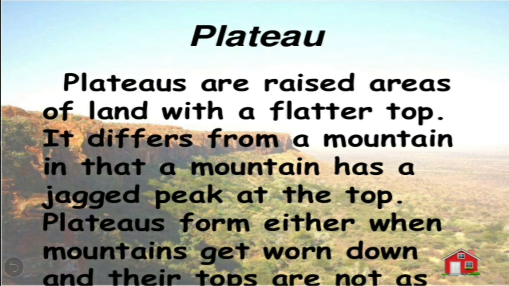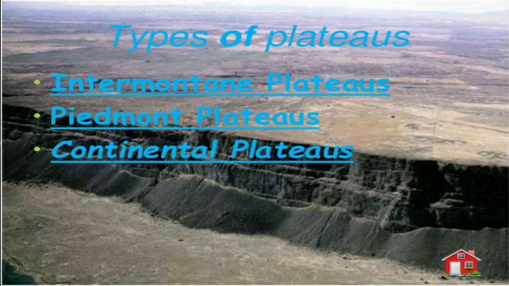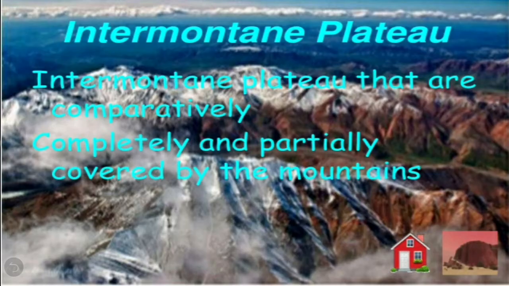Plateaus form when mountains get worn down and their tops become flat like a tabletop. Now, let's see the different types of plateaus. There are three main types: intermontane plateaus, Piedmont plateaus, and continental plateaus.